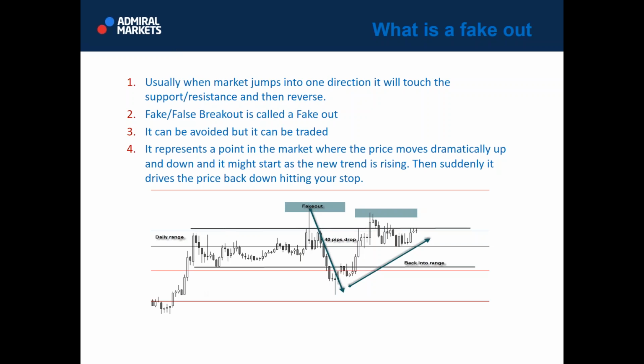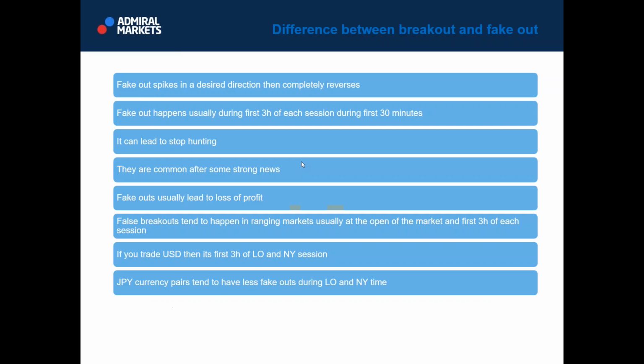Now, what you should be paying attention to is the difference between a breakout and a fake out. A fake out spikes in the desired direction, then completely reverses. A breakout is usually a single directed move that aims for bigger targets and stop grabbers.